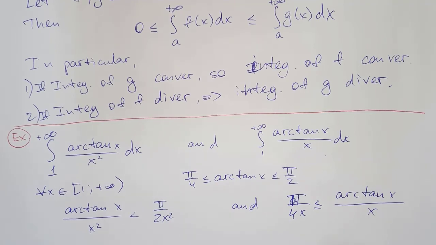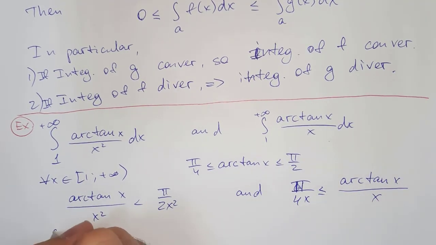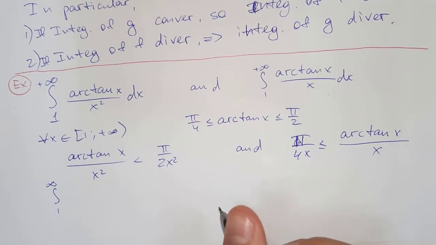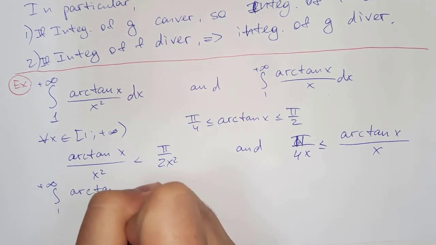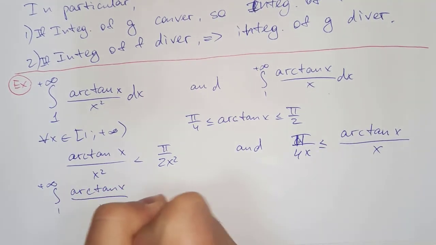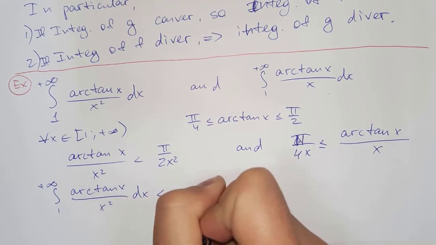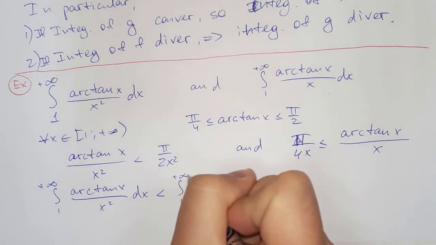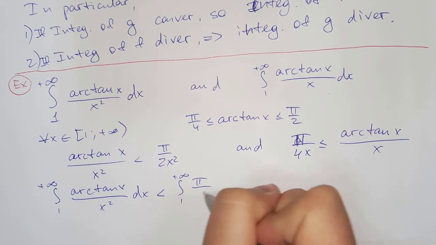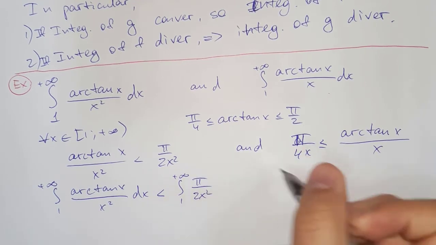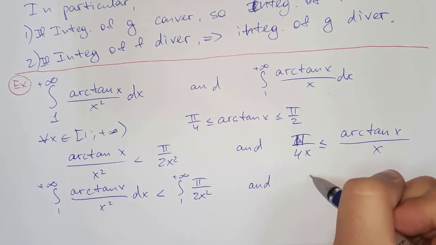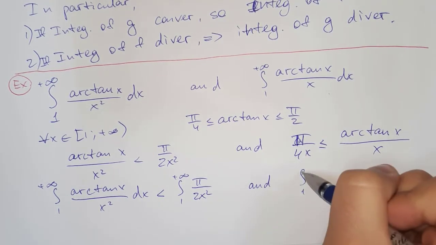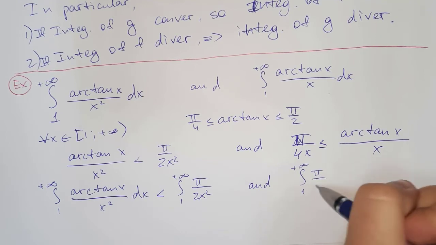Now, hence we have the next inequality. The integral from 1 to plus infinity of arctangent x over x squared dx is less than the integral from 1 to plus infinity of pi over 2x squared. And similarly, the next one we have: the integral from 1 to plus infinity of pi over 4x is less than or equal to the integral from 1 to plus infinity of arctangent x over x dx.